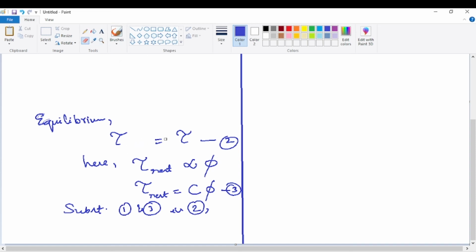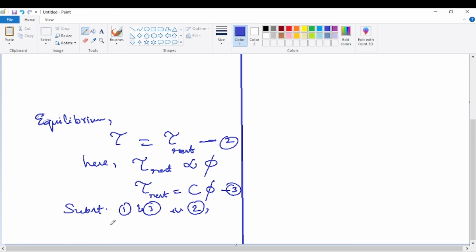I'll write the deflecting torque first because we derived it first, and I'm arranging it in an orderly manner so that everything looks symmetric. There's not much difference. Now I'll substitute equation 1 in the left hand side of 2, and equation 3 into the right hand side.